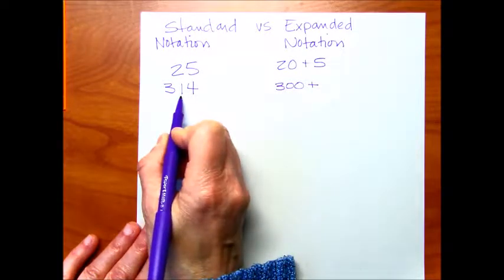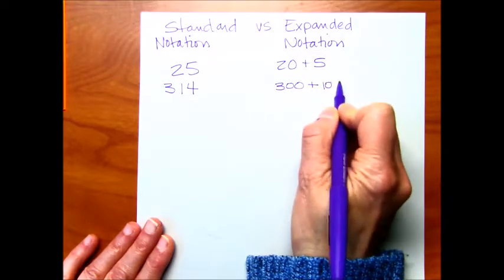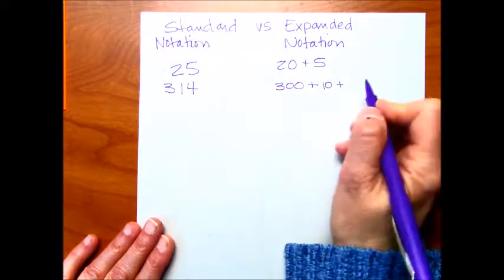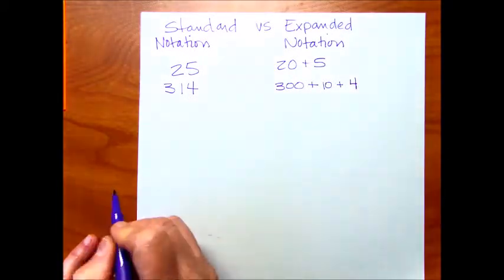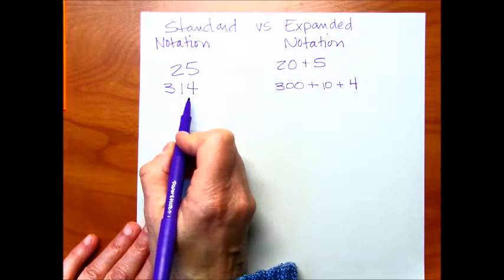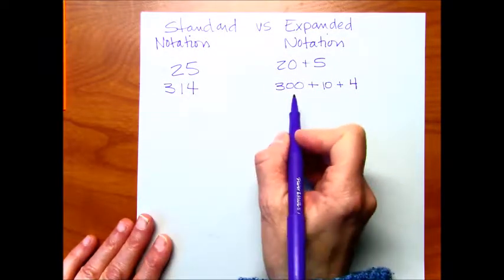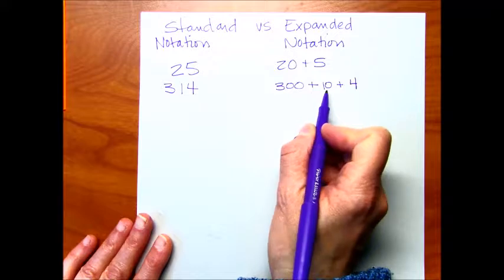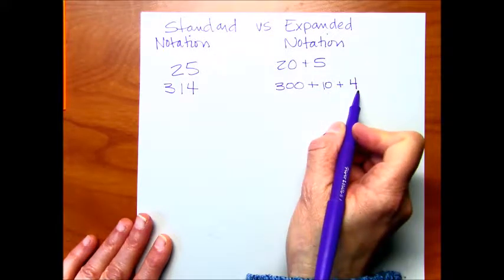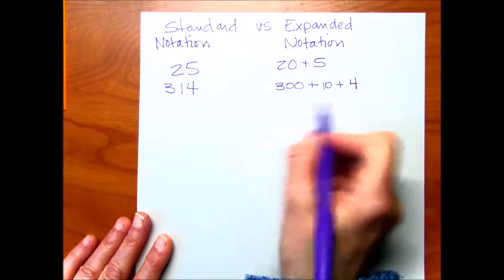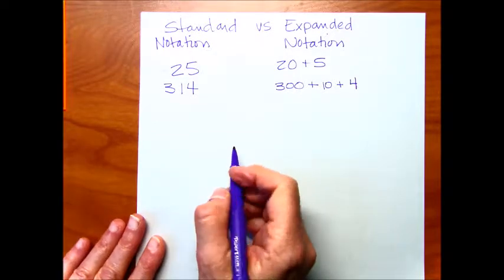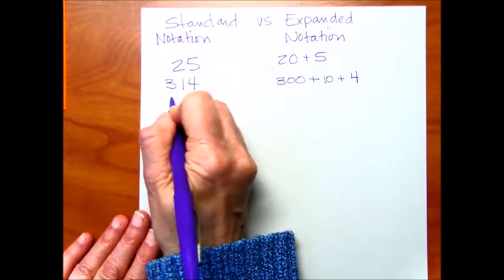We have 1 10 and 4 1s. So 314 in standard notation is written as 300 plus 10 plus 4, and this represents expanded notation.